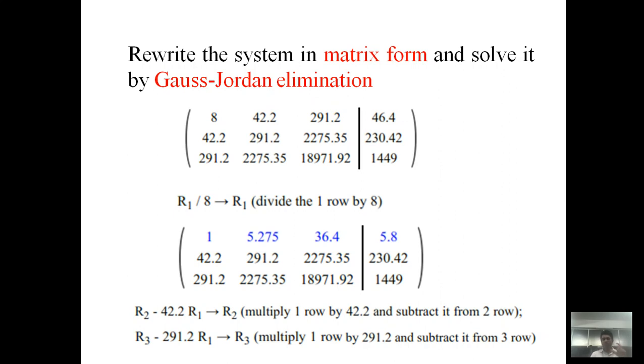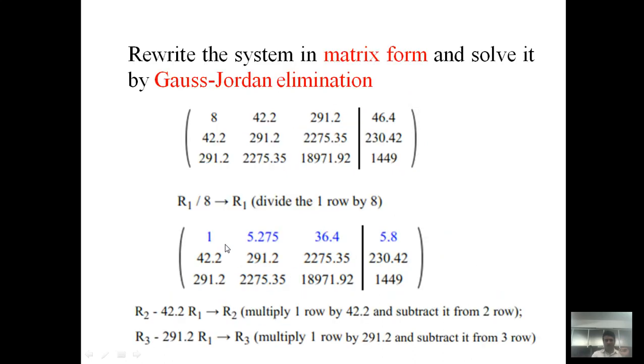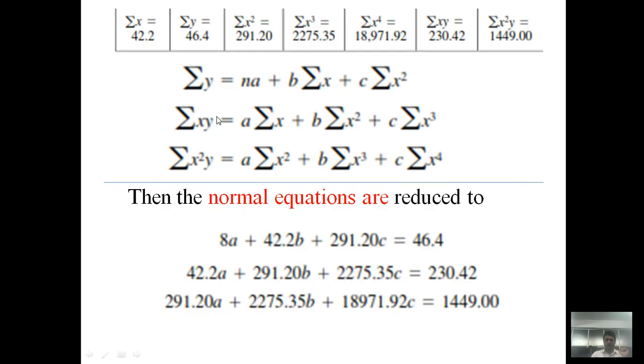To apply the Gauss-Jordan method, our first aim is to convert the system of equations into matrix form. So the A11 element is 8. Now the A12 element is 42.2.